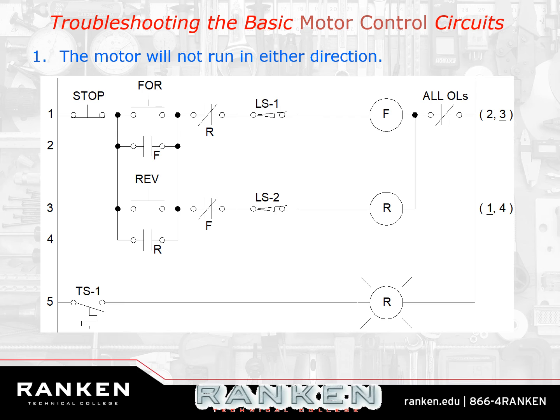So if the motor won't turn on in either direction, that tells me it's either the stop button, which could very likely be, or the overload. Now, theoretically, both of those contacts could have failed at the same time and opened up. Pretty far jump, right? That's not where I would start.